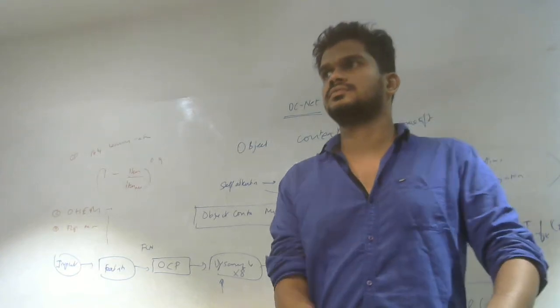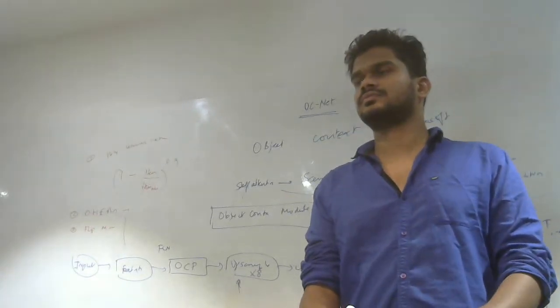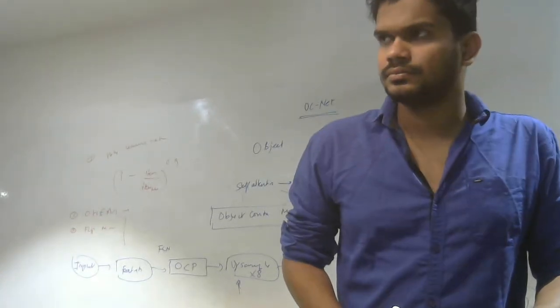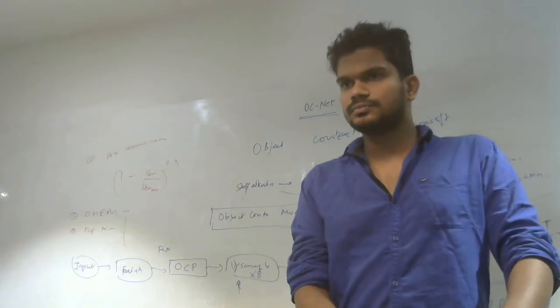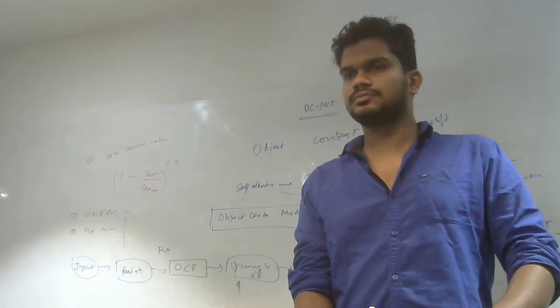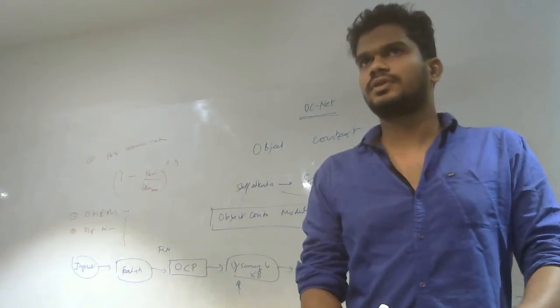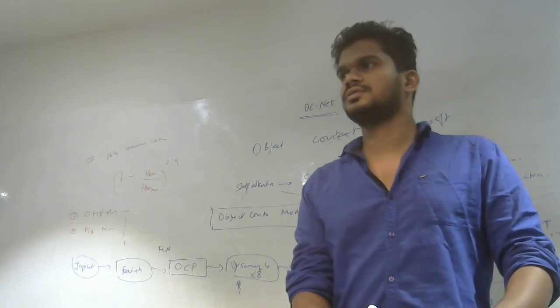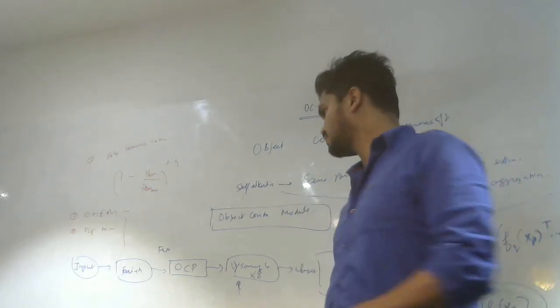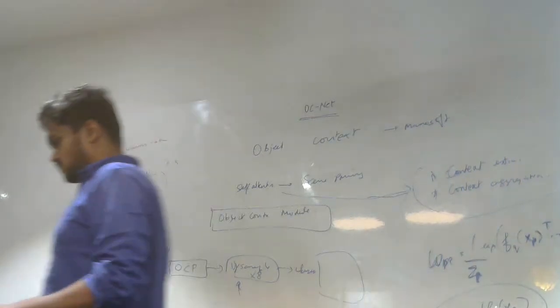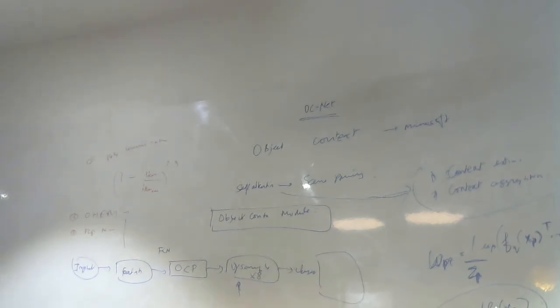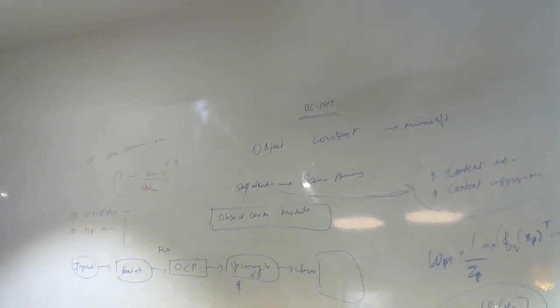When you're upsampling by a factor of 8, you're putting a lot of burden on the upsampling operation. Whatever the output of the OCP is, that's the final representation, and then your final feature map will be the upsample.